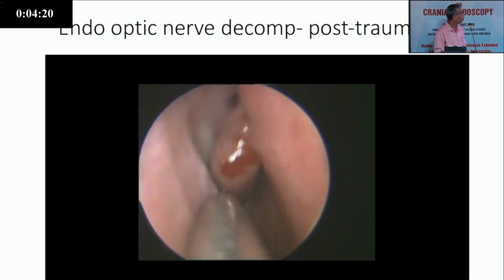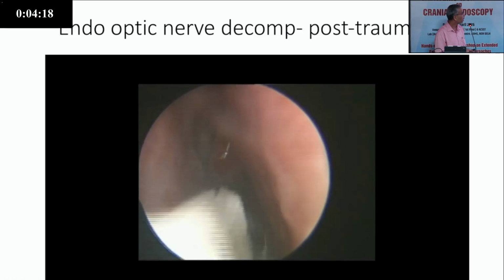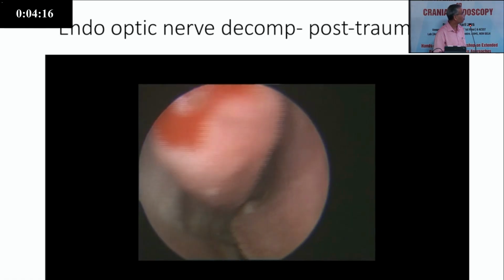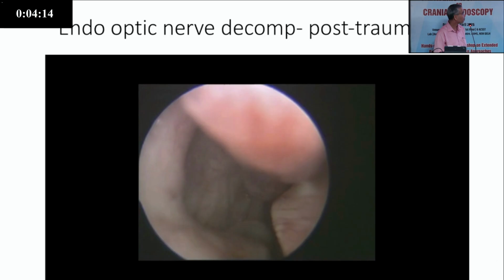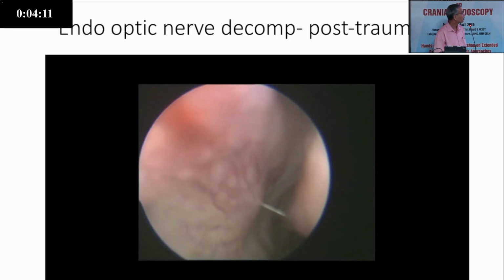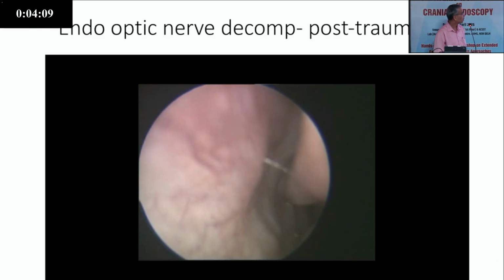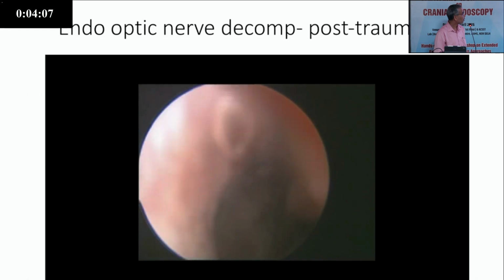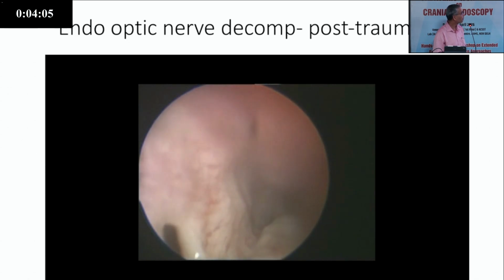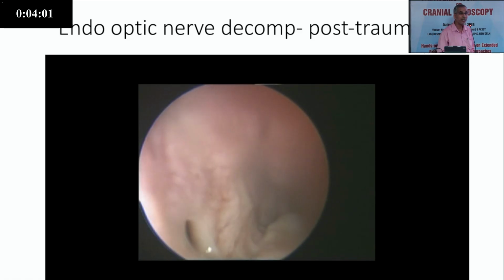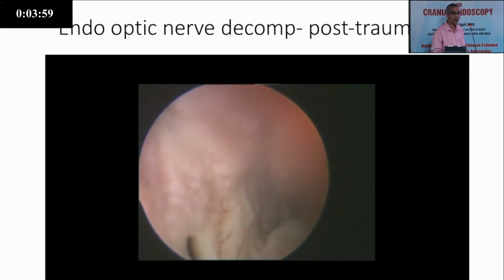This is the middle turbinate, this is the middle meatus, this is the lateral wall, this is the septum. This is on the right side. This is the middle meatus. This is the uncinate process. Can you see this? Anything which is visible is the accessory ostia, not the natural ostia. The natural ostia you will never see.